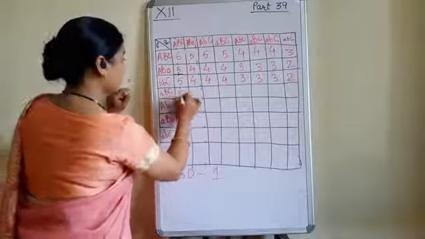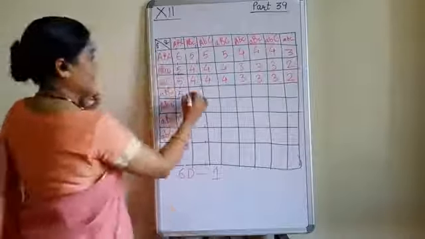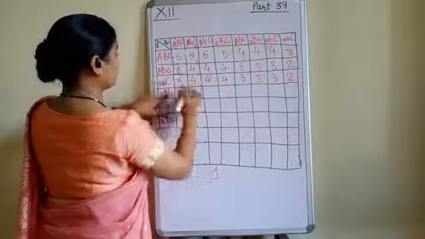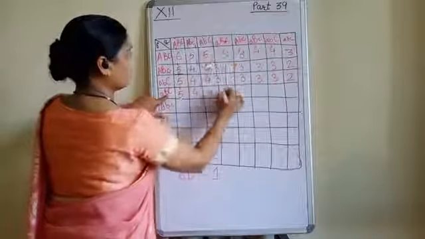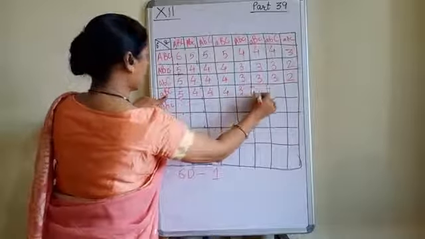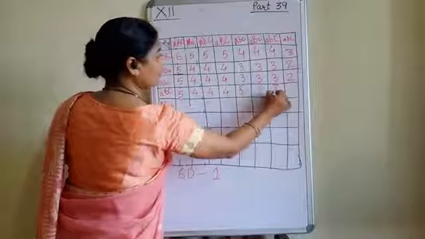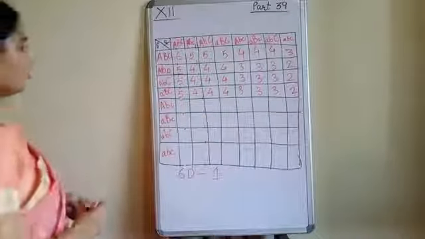Again 5 dominant, 1, 2, 3 and 4. Again you will get 4, 1, 2, 3, 4. Then 1, 2, 3, 4. Then 1, 2, 3, 4. Then 3. Again 3. B and C with only C. 3 dominant. And here you will get 4 dominant.